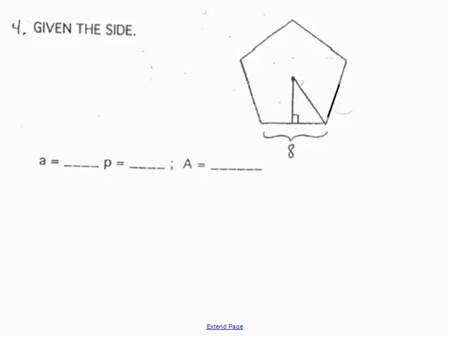All right, so now they gave us the whole side. We have to figure out what the apothem is and the perimeter. The perimeter is going to be an easy one because that's going to be 8 times 5, and that equals 40. So that one we got.